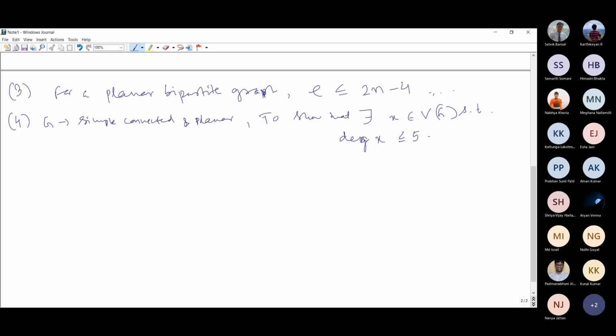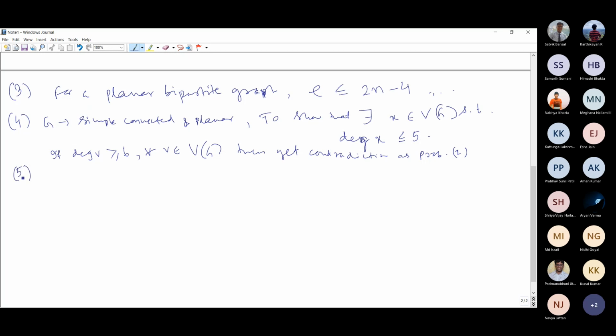Again, in a similar way, by the method of contradiction, you can assume that suppose the degree of every vertex is greater than or equal to 6, and then you'll get a contradiction. If the degree of every vertex V in the graph is greater than or equal to 6, then get a contradiction, proceeding exactly as in problem number 2.